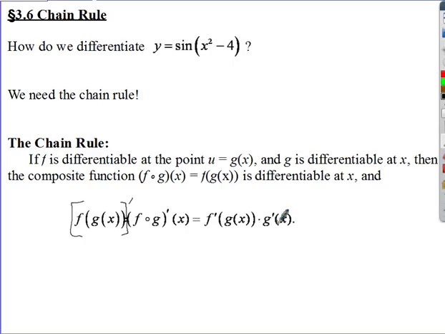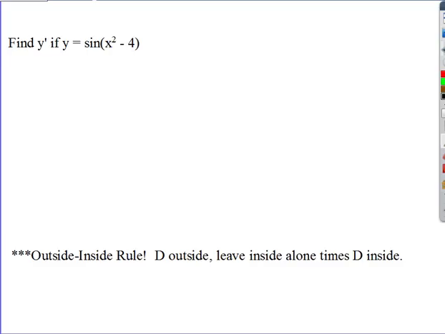So that's the chain rule. Again, in simple phrases, it's the outside-inside rule. Derivative of the outside, leave the inside alone, times the derivative of the inside.